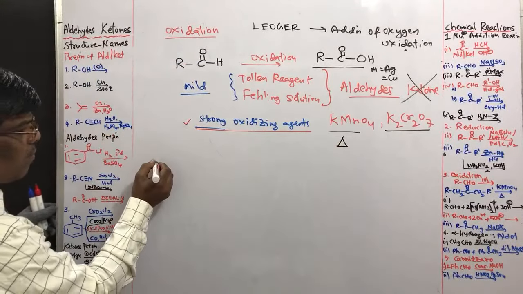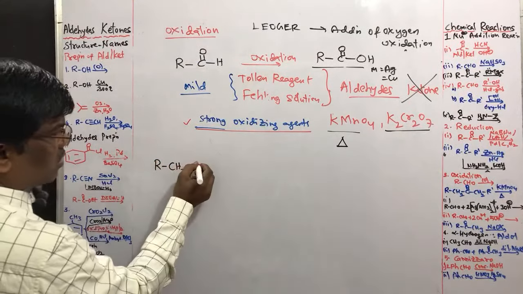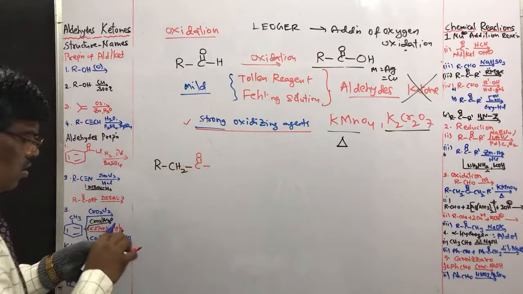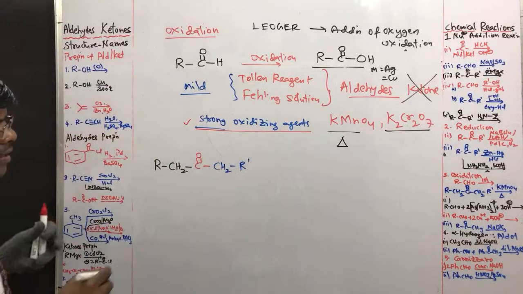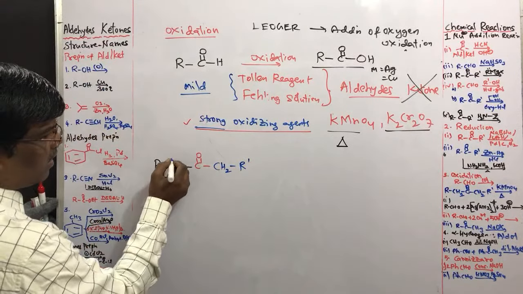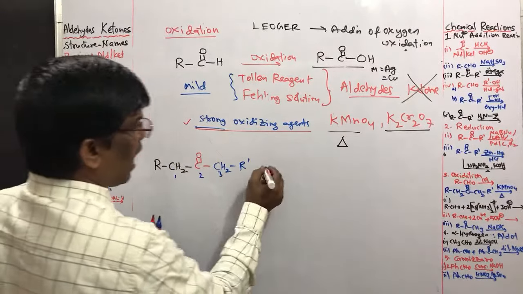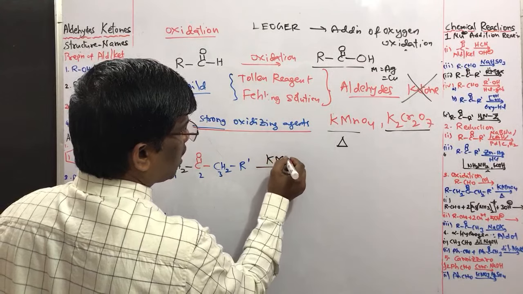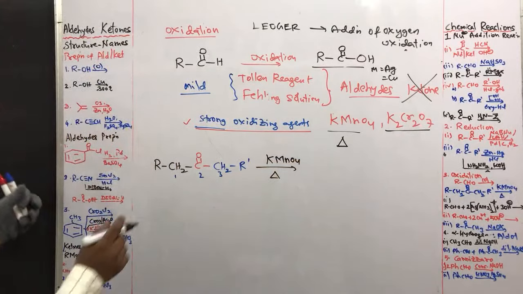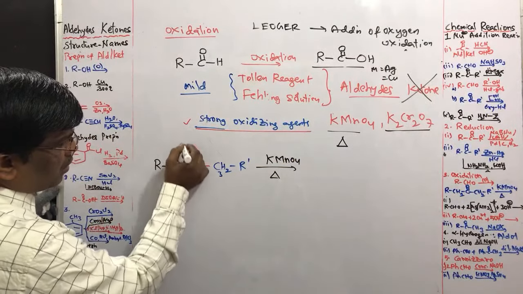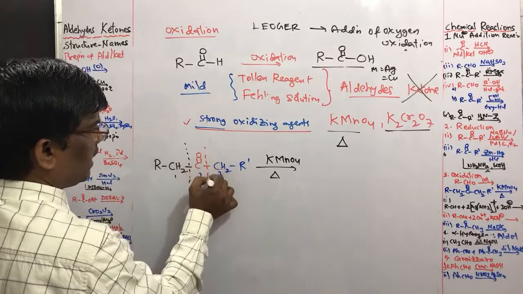Let us take one example: RCH2COCH2R'. If I write the numbering 1, 2, 3, when I add KMnO4 and heat, it can break carbon 1 and 2, or it can break carbon 2 and 3.